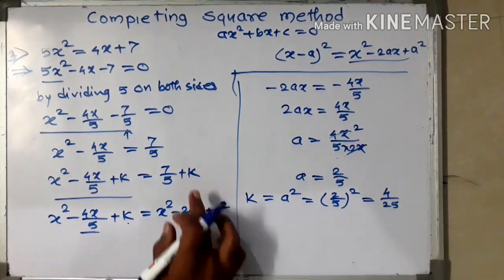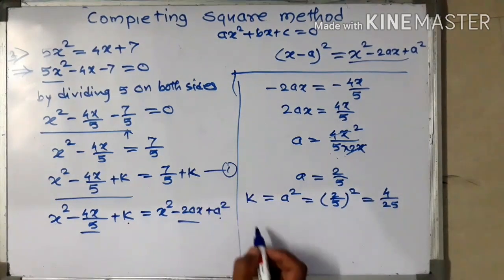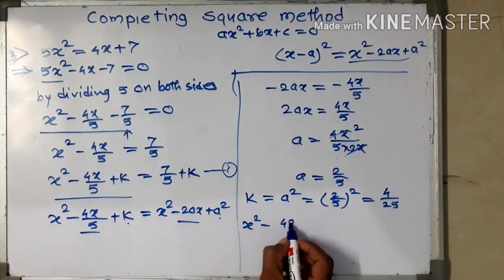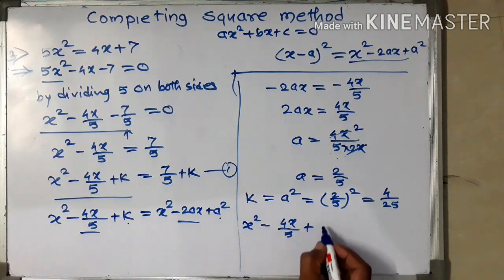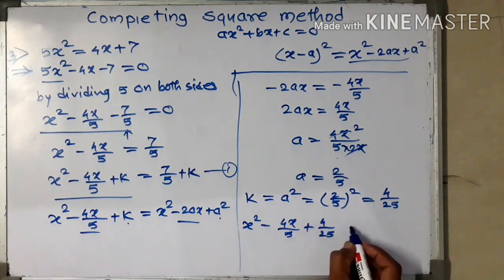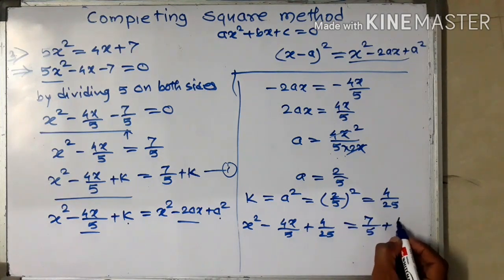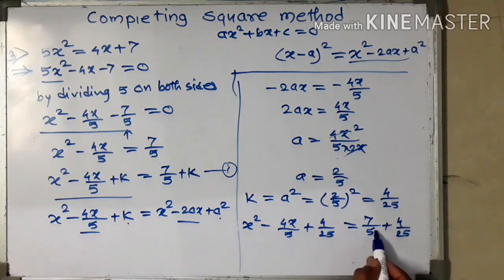Now put that value in equation first. Then equation first is x square minus 4x upon 5 plus 4 upon 25 equals to 7 upon 5 plus 4 upon 25. For equalizing the denominator, we should multiply 5 to the numerator and denominator of the first fraction.